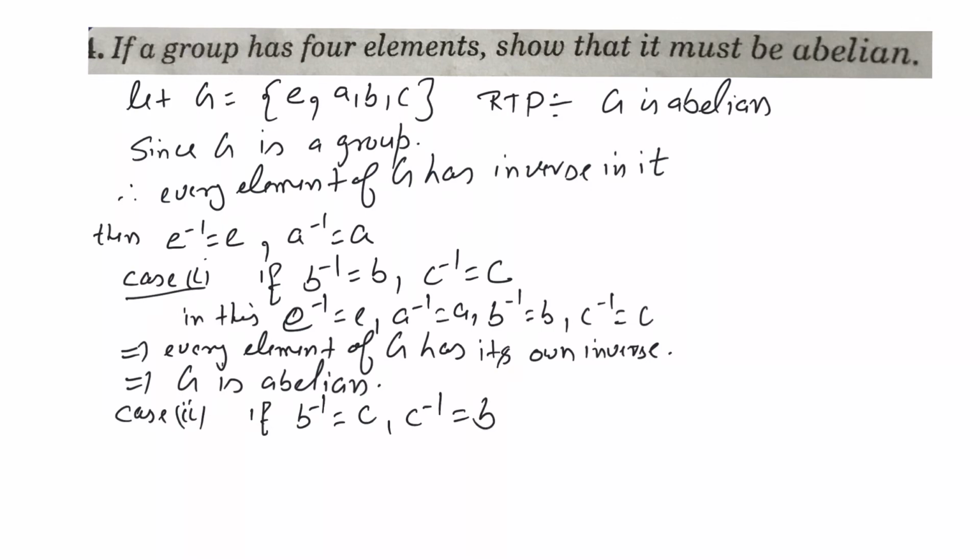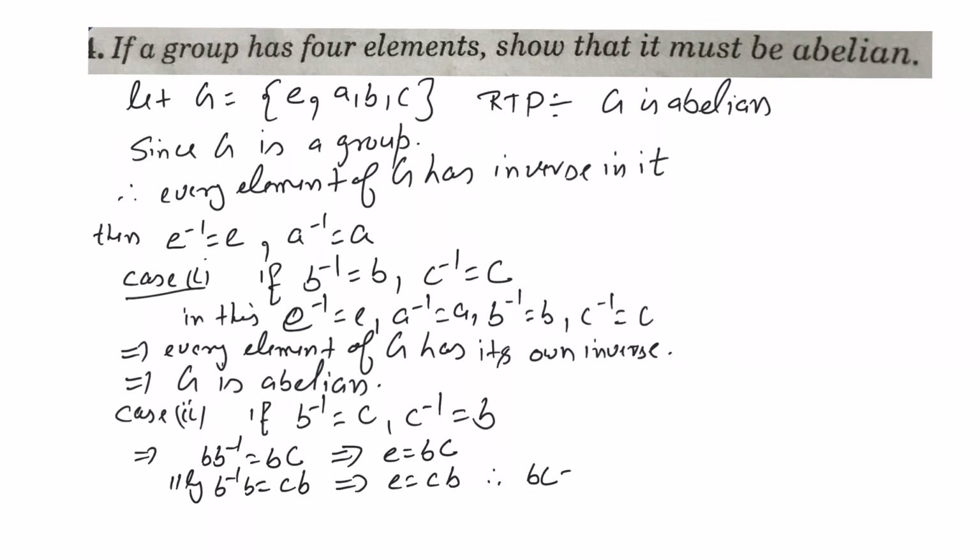C inverse is equal to B, B inverse is equal to C. This implies that, pre-multiplying with B, we get E is equal to BC. Similarly, post-multiplying with B implies E is equal to CB. Therefore, BC is equal to CB is equal to E.